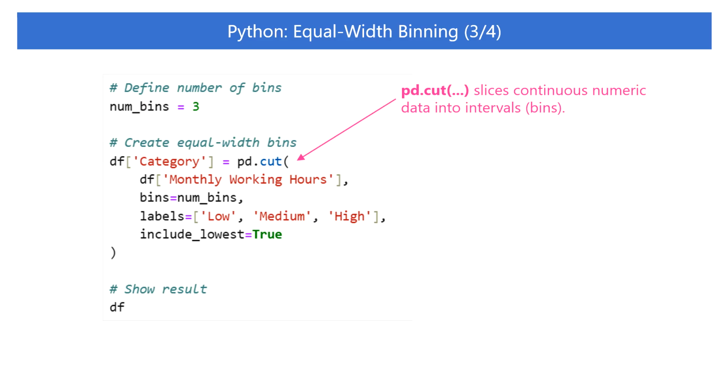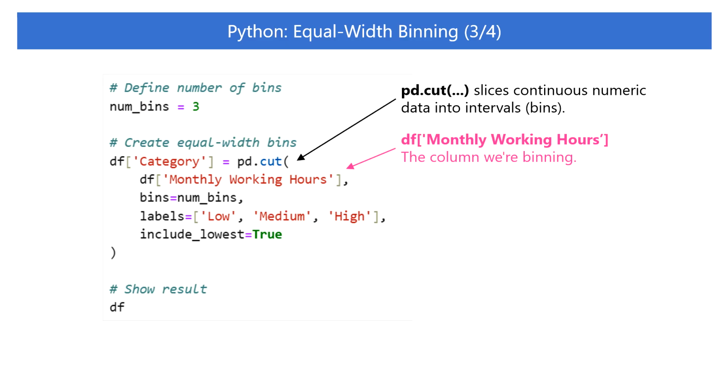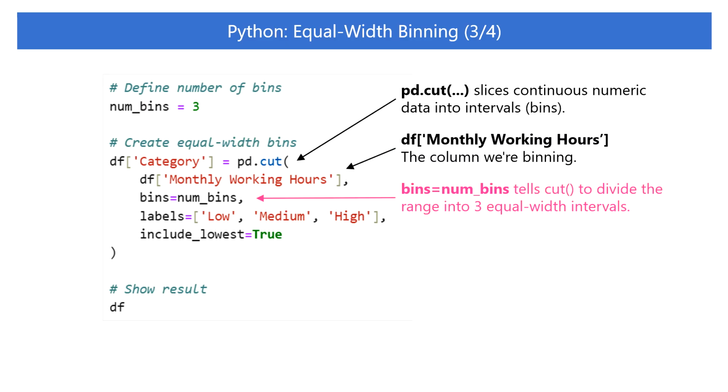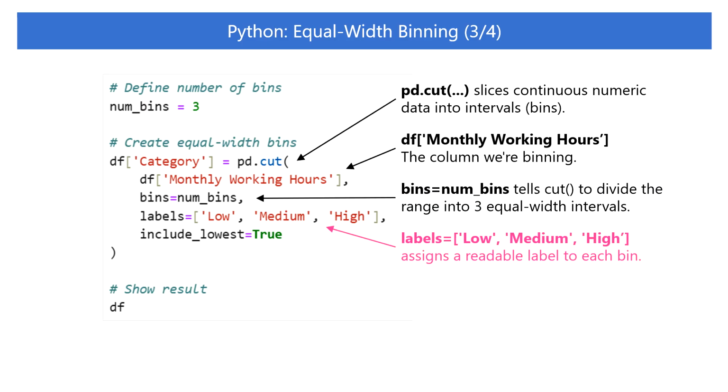The pandas cut function slices continuous numeric data into intervals. Next, insert the column we are binning. Set the argument bins to num_bins so that it tells the cut function to divide the range into 3 equal width intervals. The next line assigns a readable label to each bin.